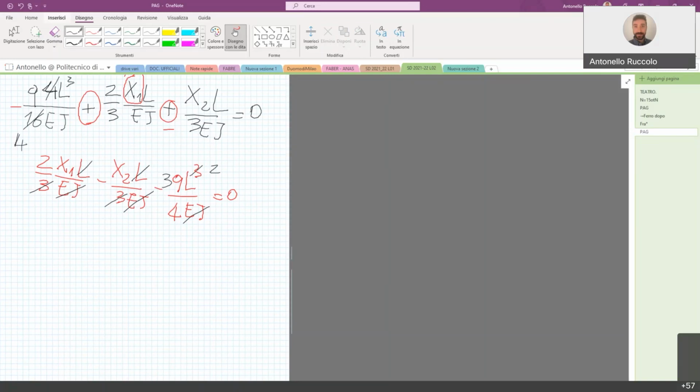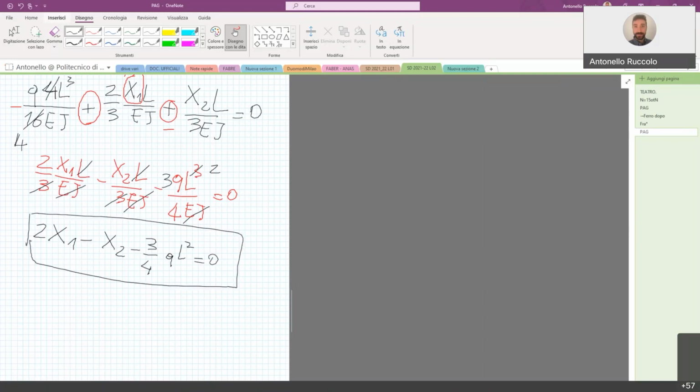Now I will write it again: 2x1 minus x2 minus 3 over 4 q L to the power of 2 equal to 0. Please remember that x1 and x2 are bending moments, so the dimensions are the ones of a force times a length. Here we have q, small q, which is a distributed load, times a length to the power of 2. So the dimensions are right. This is the first compatibility equation.